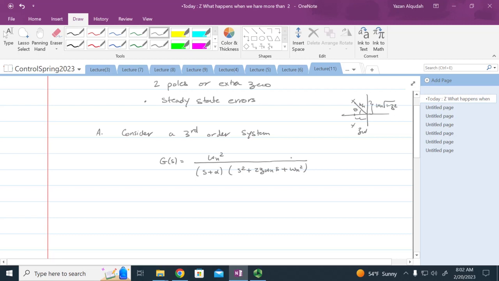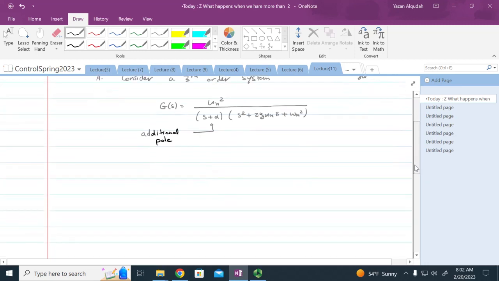Now, if we did not have the s plus alpha, this is a typical second order system. But now we have an additional pole to this system. And we're going to see how we can determine the response of the system, and when we can use the information that we have about the second order system to study the response of this system.